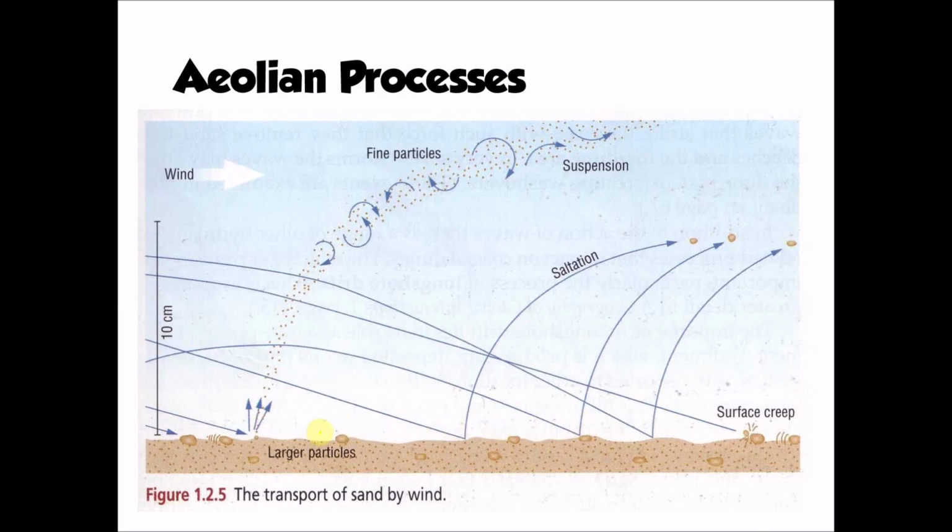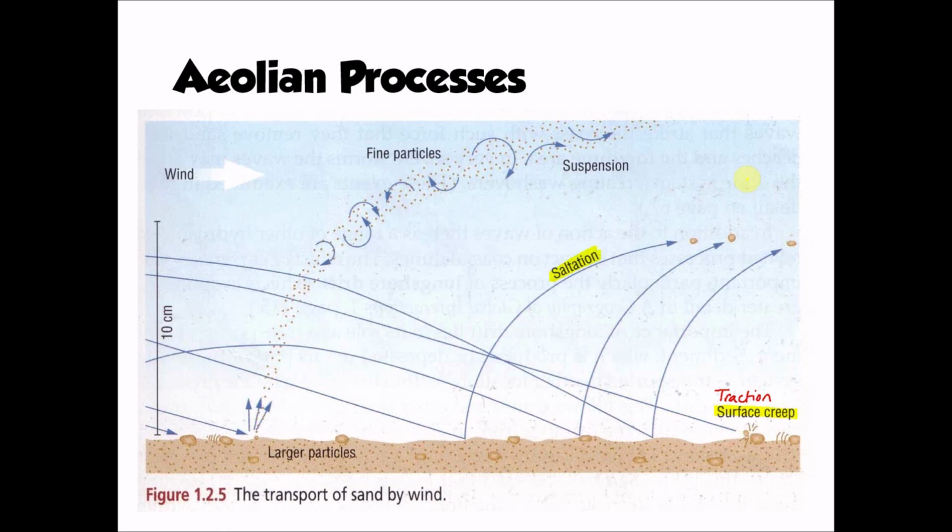So larger particles of sand might bounce along or be dragged along the beach in this process known as surface creep, which is actually almost identical to the process of traction that we talked about earlier. Smaller grains of sand, depending on the speed of the wind, might also be picked up and bounce or hop along the beach through the process of saltation.